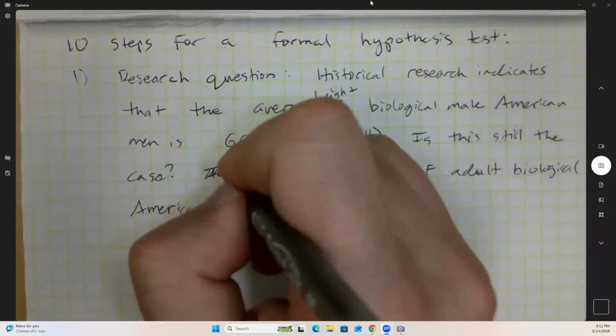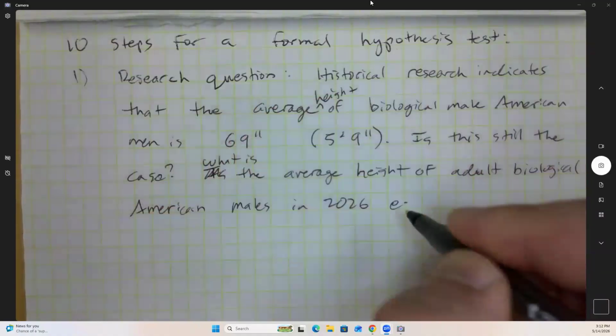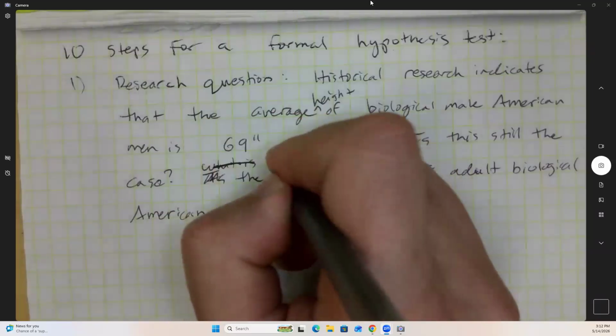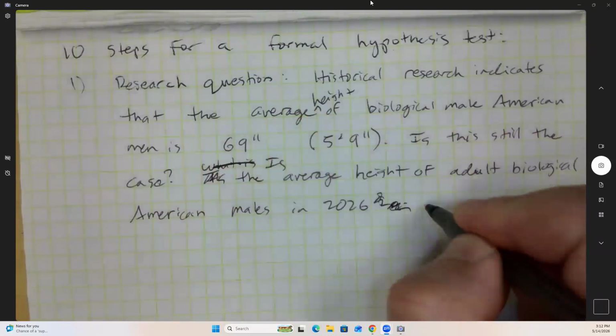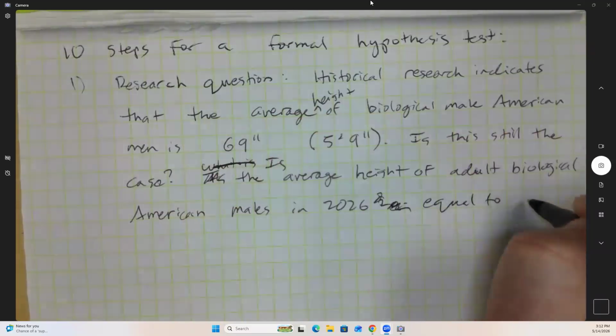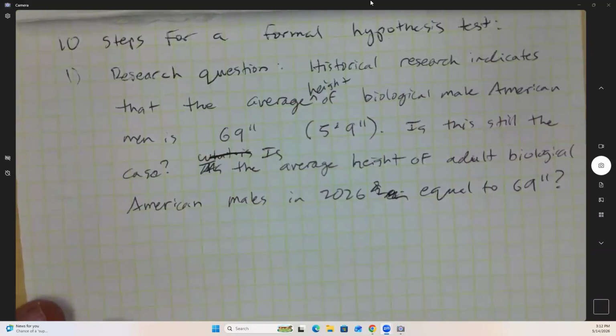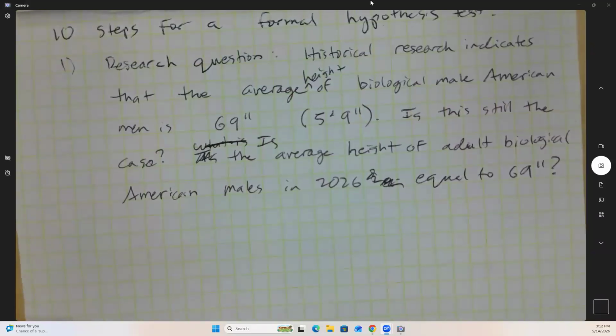What is the average height of adult biological males? One more time. Is the average height equal to 69 inches? For hypothesis tests, yes, no questions are the best.